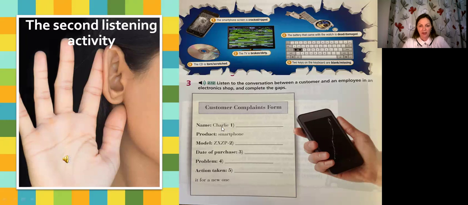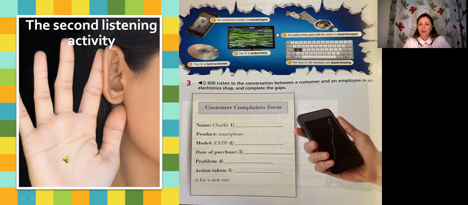If you have Charlie here, you should expect a surname, family name. Product, smartphone, model, ZXZP, and probably a number. Date of purchase, so you know what to expect. A day, a year, a problem.